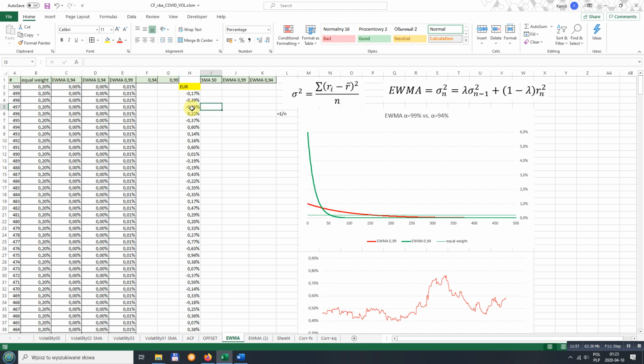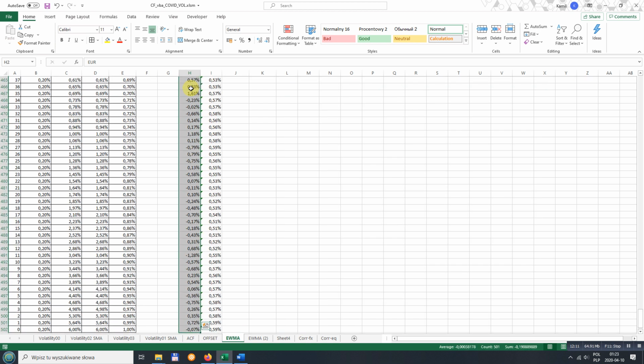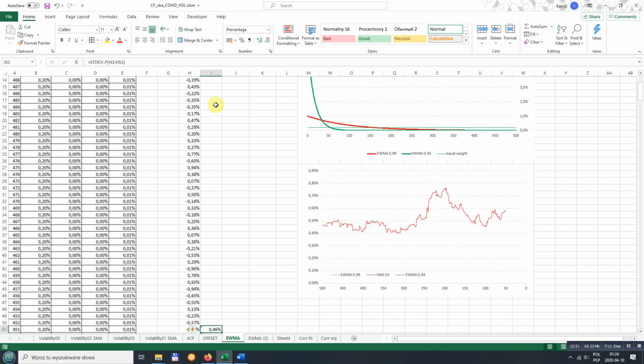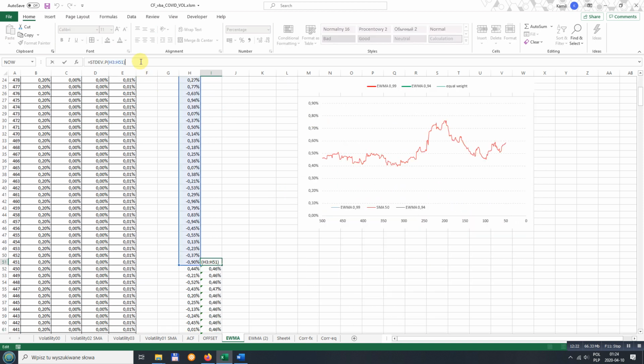What I have here is the rate of returns from euro to PLN for some time period, and I have already calculated a simple moving average for daily volatility using a rolling window of 50 observations. This is my chart, right? So we already know this method, just a rolling window of 50 observations for the standard deviation of this rate.